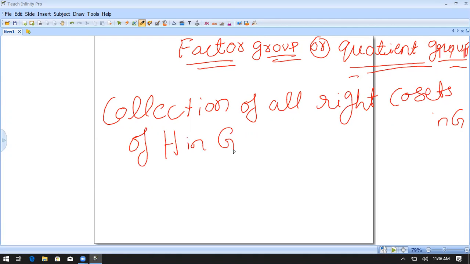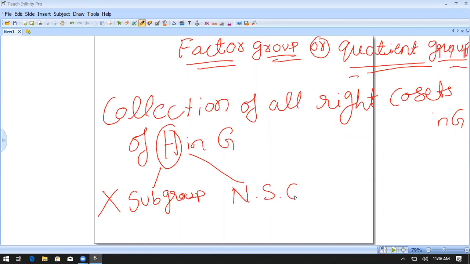So this is not merely a subgroup, it is a normal subgroup. From this normal subgroup, all the right cosets together are called a factor of a group or a quotient of a group.